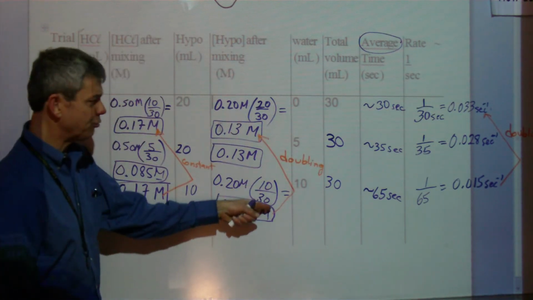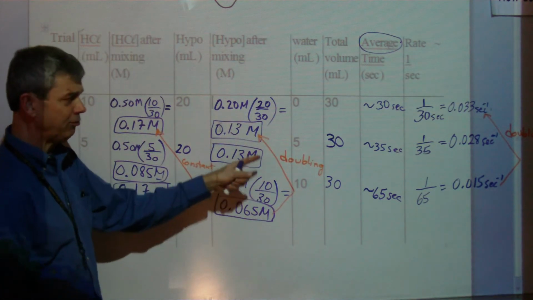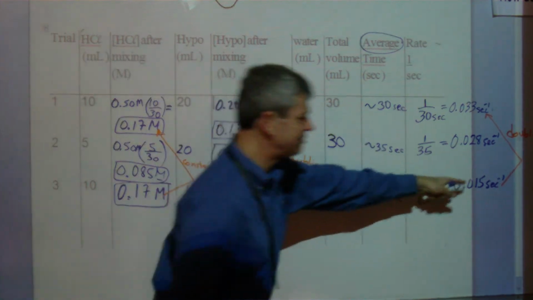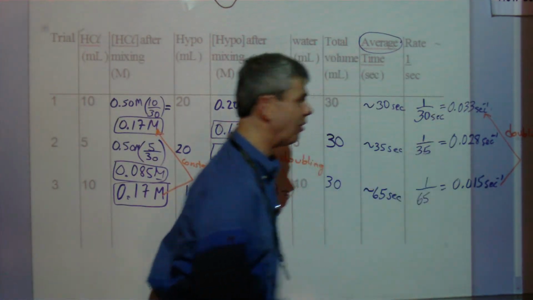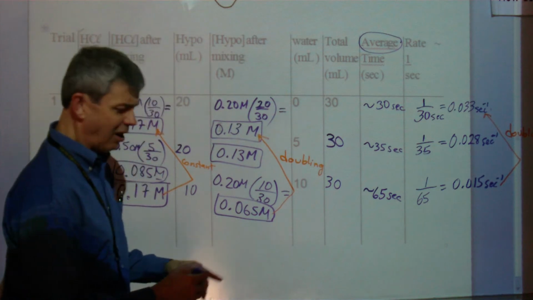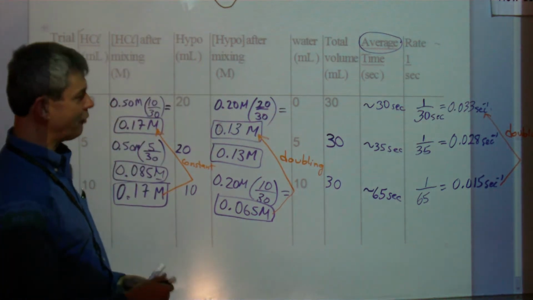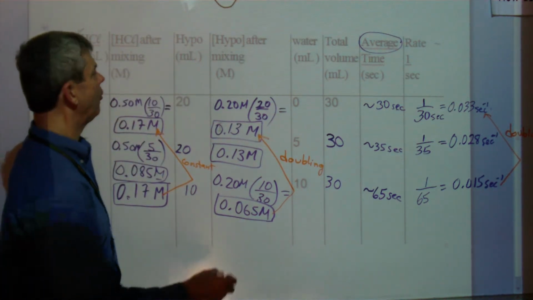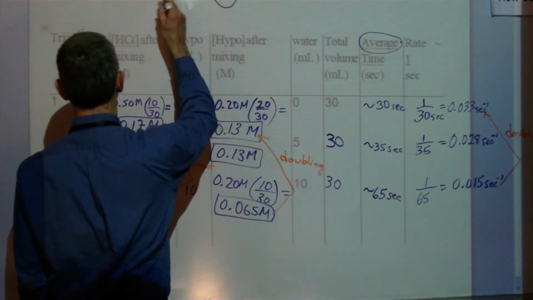Whenever the concentration of a reactant doubles, and it does exactly the same thing, doubles the rate of the reaction, we have a special name for that. That's called order number 1.